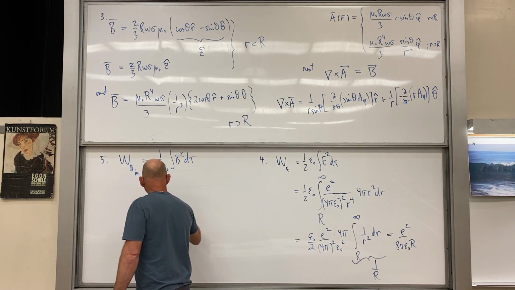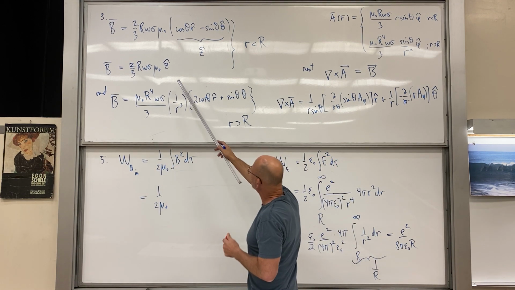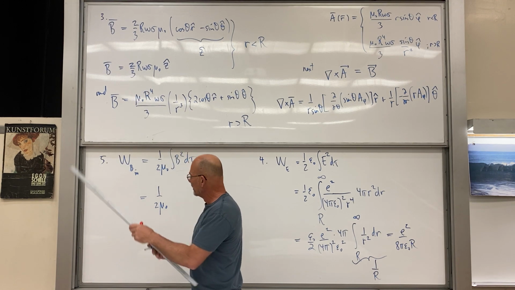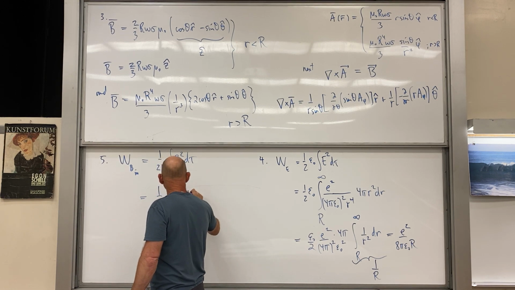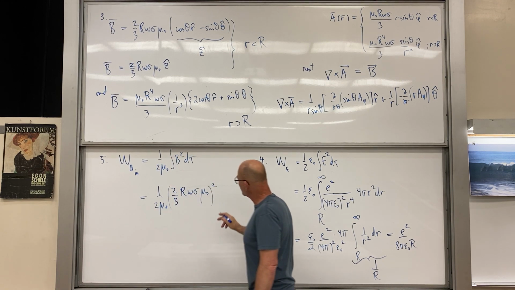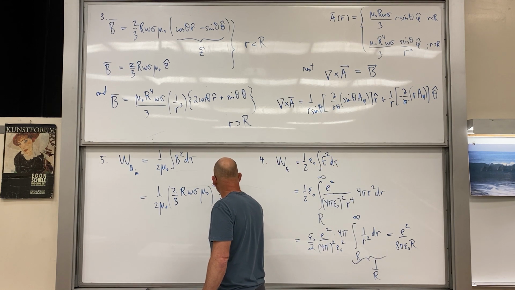Since we have this form here, we can see that we're just squaring this constant. This is uniform. So it's just 2/3 r omega sigma mu naught, square the whole thing and then multiply by the volume of a sphere, 4/3 pi radius cubed.